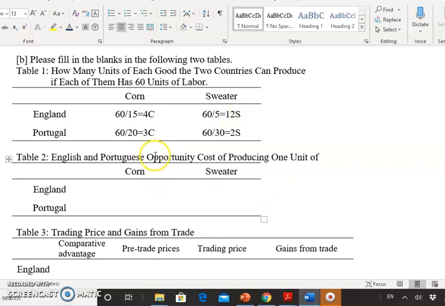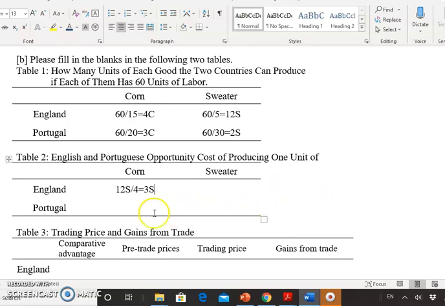Okay. Now here we're trying to find the opportunity cost of producing 1 unit of corn. So what we will do is totally England gives up 12 units of sweater, right? But it can produce 4 corns, so we need to divide it by 4 to find the opportunity cost per corn, which will be 3 sweaters. Okay, so to be able to produce 1 corn, England potentially gives up the production of 3 sweaters.